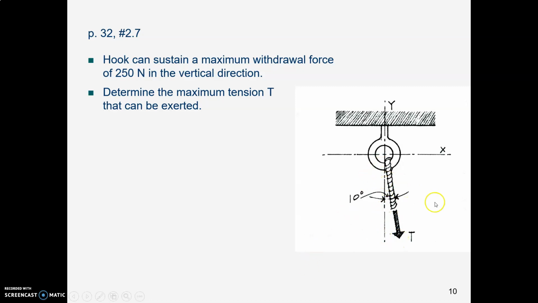Which side of the triangle would you expect to be longer? Just by sketching that triangle, you would realize the hypotenuse, the tension on the rope, is going to have to be a little bit longer than that vertical leg of the triangle.